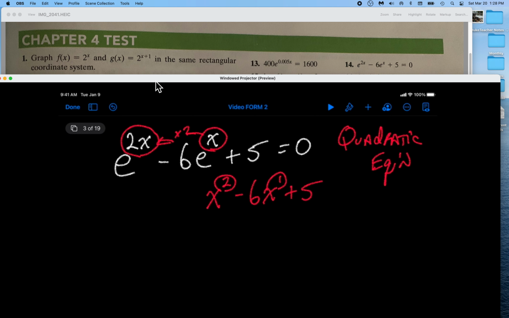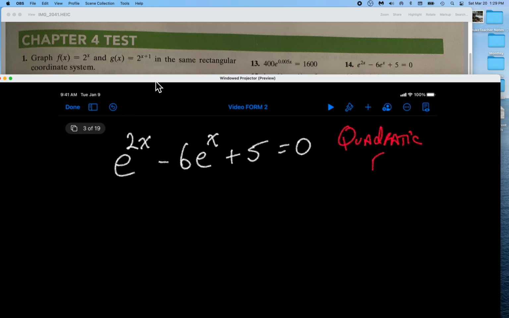So we're going to treat this equation up above as a quadratic equation. What we're going to do is change this to e to the x squared, because indeed, if you use the power rule and you multiply these, you get 2x.